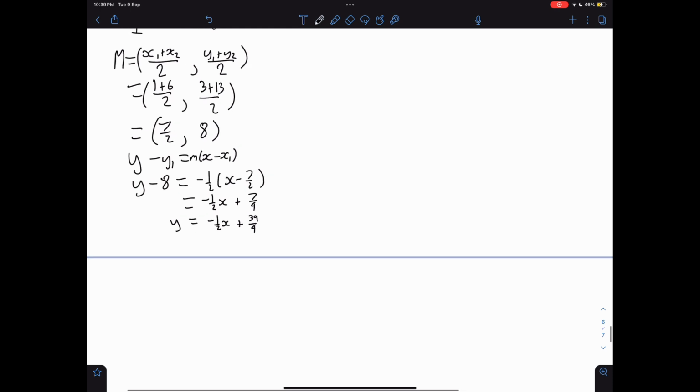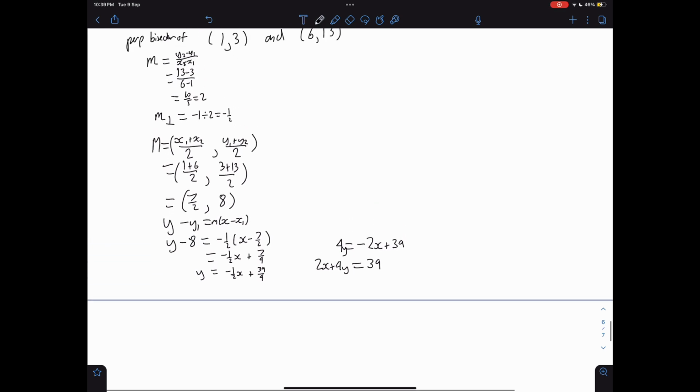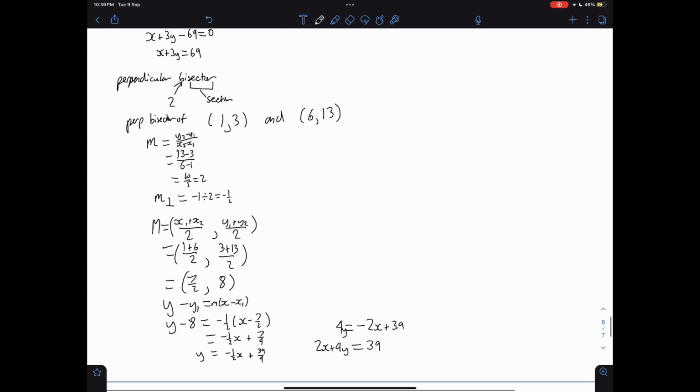And again, you might be asked to write it as 2x plus 4y equals 39, or even 2x plus 4y minus 39 equals 0, something like that. And so that's all I really have for perpendicular lines and parallel lines. When we get to circles, there may be a few more important things to note about that, but for now, we'll leave the next stuff to the next video.